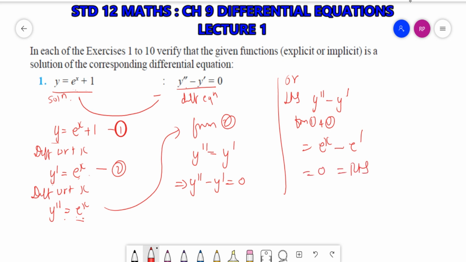So hence it is proved that the given solution is for the differential equation y double dash minus y dash is equal to 0. Clear? So this was about question number 1. Just note it down. Now let's move to question number 2.